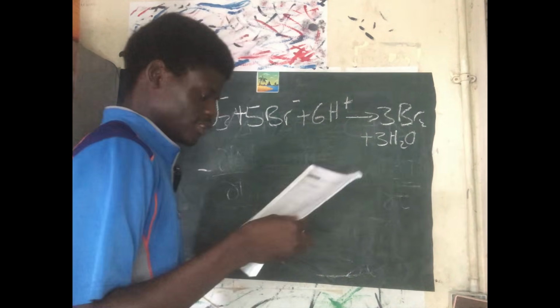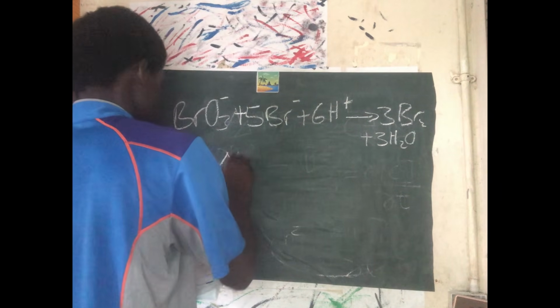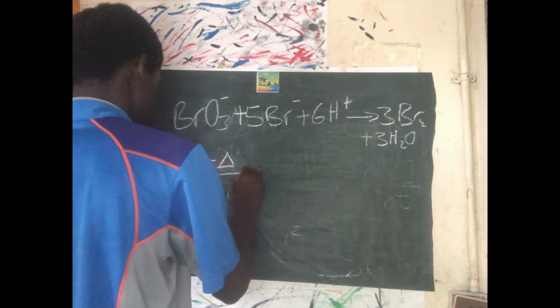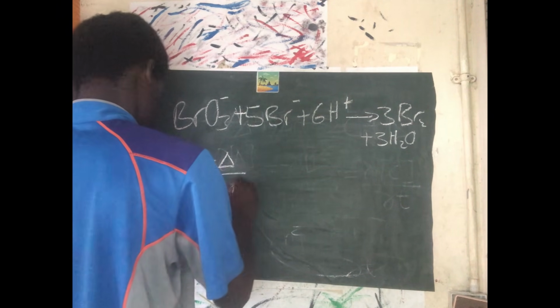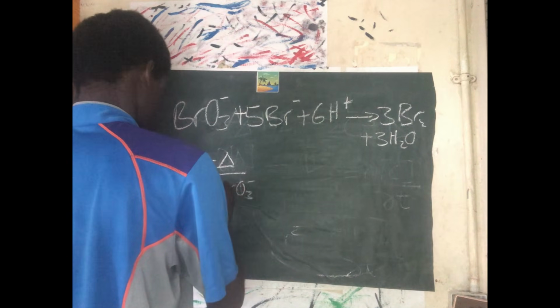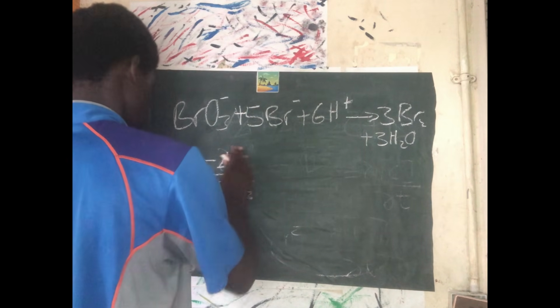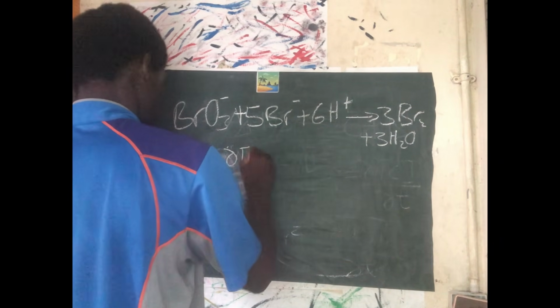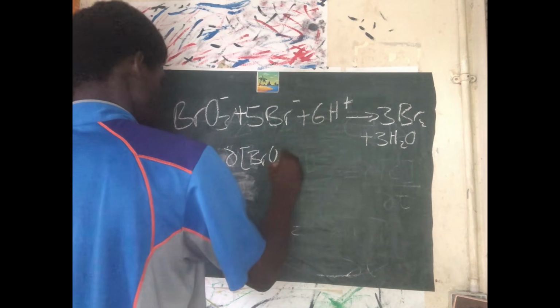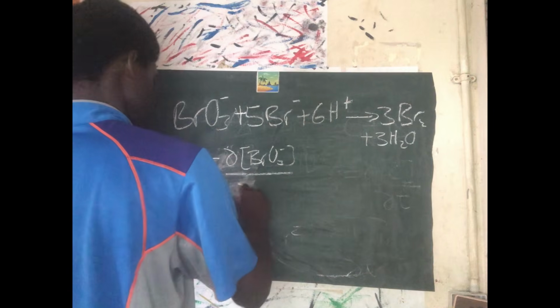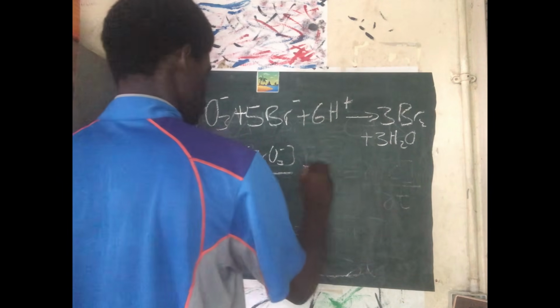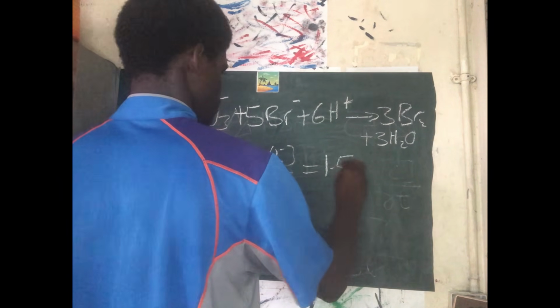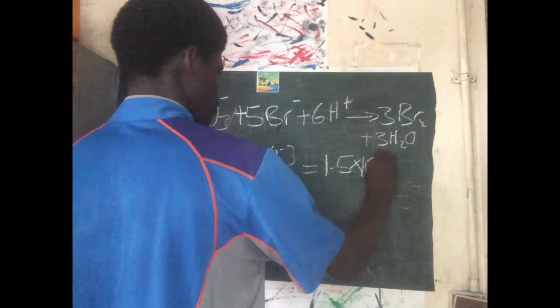They now said minus change in BrO3 minus, that's the reaction rate of BrO3 minus, over dt is equal to 1.5 times 10 raised to power minus 2.